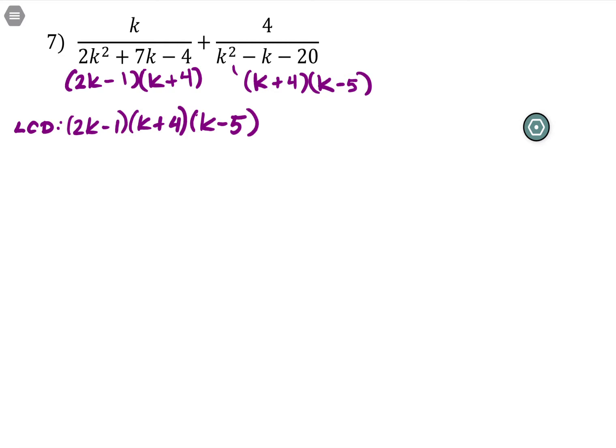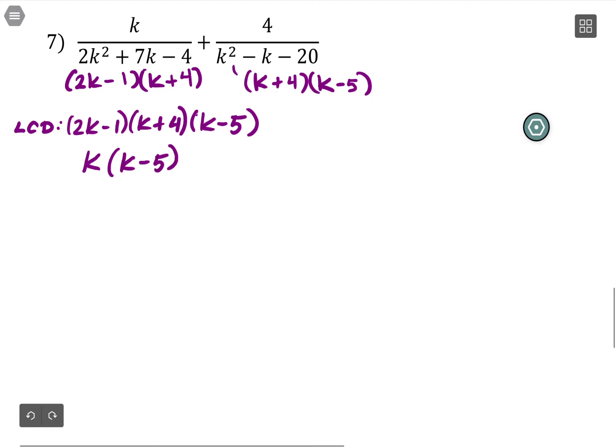So I'm going to need to multiply the first fraction by a k minus 5. So I'm going to have a k times k minus 5 in the top. And to keep that value the same, I'm going to do it to the bottom as well. Remember, as long as we're multiplying by 1, we've maintained the value of our fraction. Okay, so k minus 5 top and bottom.